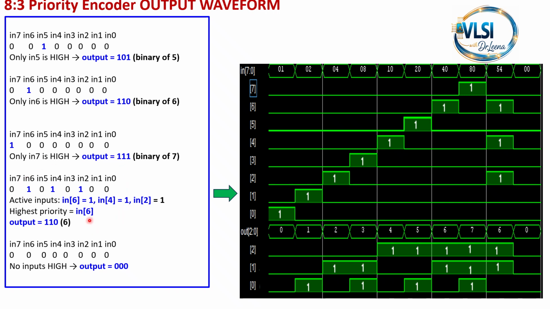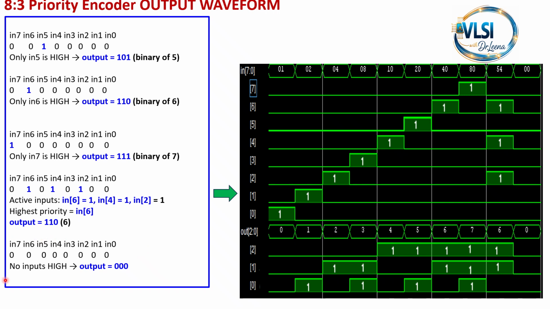The highest priority one is IN6, so it will choose 110. That is 6.